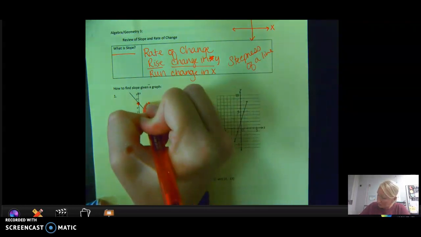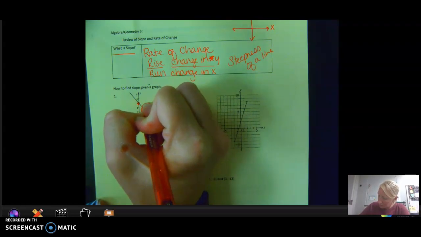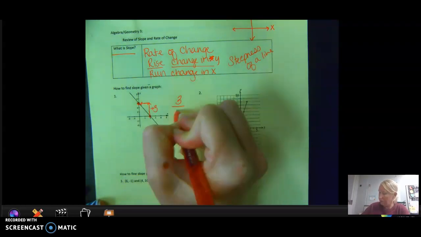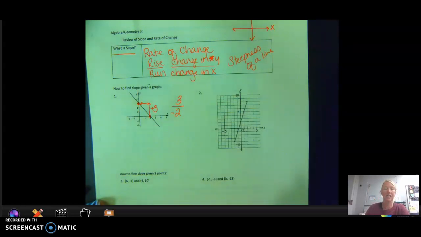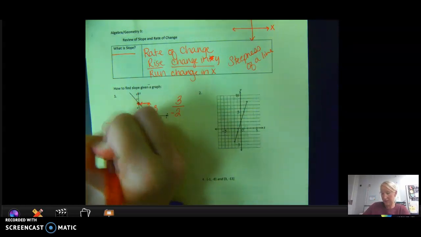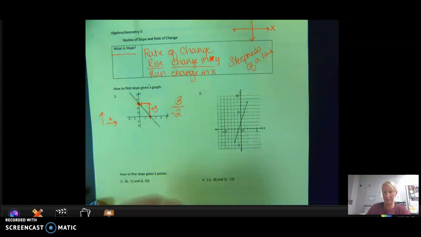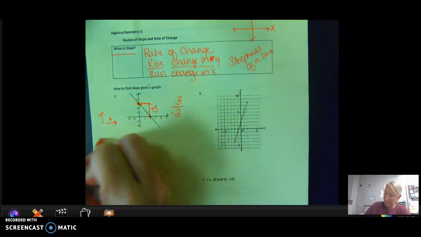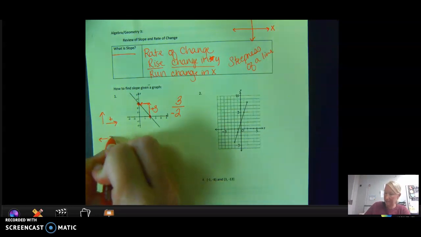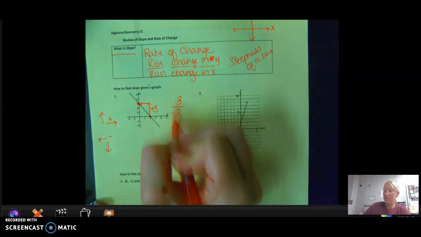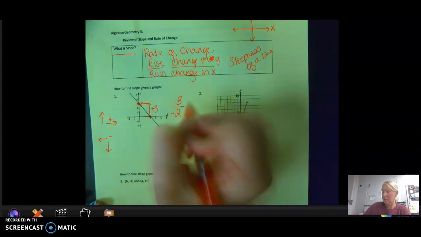Now my run, I go backwards 1, 2. Since I'm going backwards, it's a negative 2. Forward is positive and up is positive, but backwards is negative and down is negative. So this is my slope, 3 over negative 2.